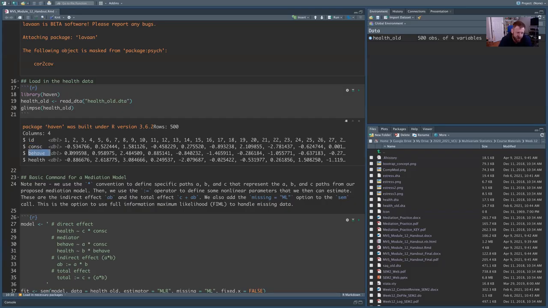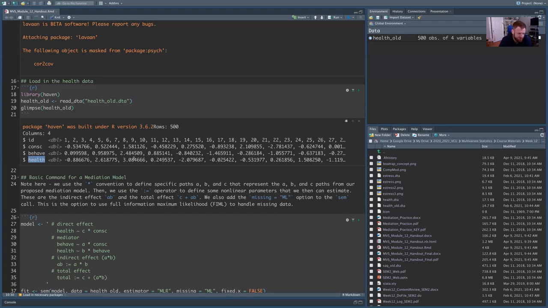Behave is health-related behaviors. This would be things like, I think primarily, washing hands, general health and hygiene type behaviors. And then health is a measure of self-reported health. All of these are standardized scores. Again, these are observed variables, so they're all mean 0, I think, and standard deviation roughly equivalent to 1, although there may be some variation here.